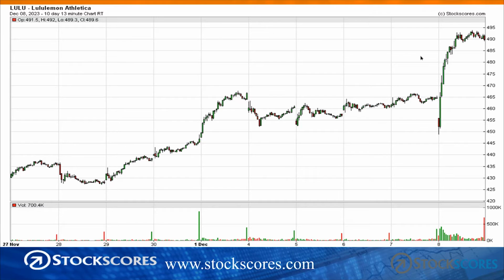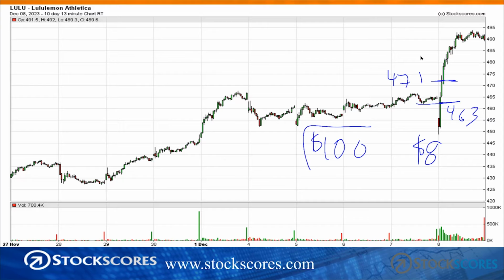Now let's look at a much more expensive example of a stock that was moving strong again today. This is Lululemon, and the entry price on this one is about $471, and the stop loss price about $463. That meant there was $8 a share in risk. Now again, if I want to take $100 of risk and I divide that by $8 a share in risk, I get 12 shares.